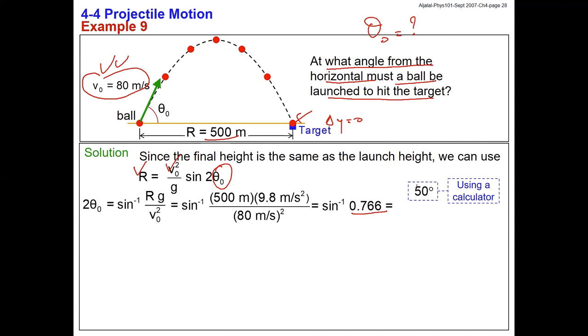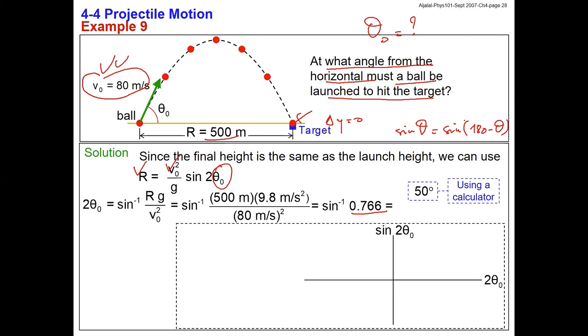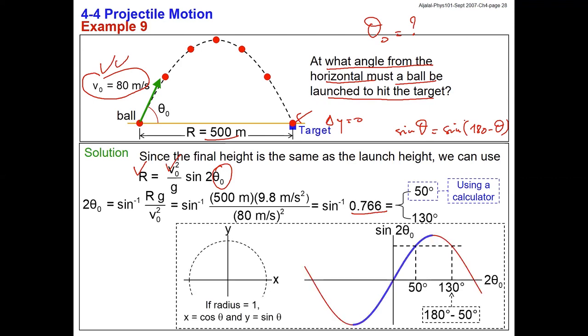But you know that sine theta is equal to sine 180 minus theta. So let me just show you that. If I am in the trigonometric circle, sine of this angle here, by the way, sine is a y component, because this is the opposite, is equal to the sine of this big angle.